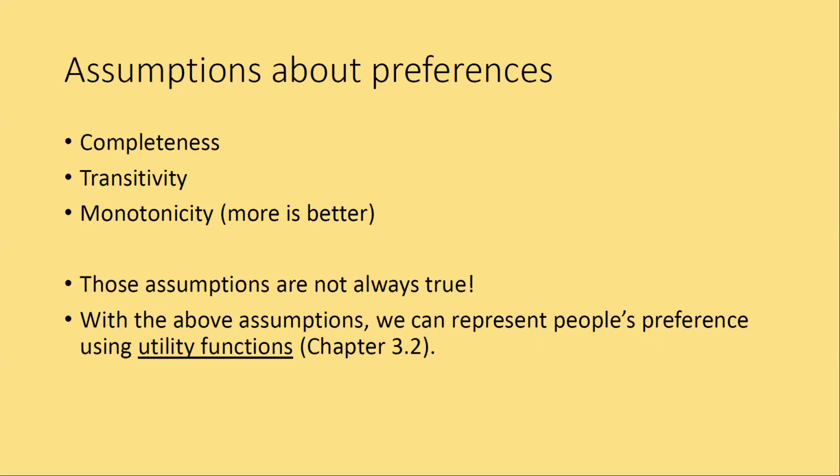But with those assumptions, it makes our analysis much more tractable in the sense that we can represent people's preference using utility functions, which is what we are going to learn in chapter 3.2. And also, those assumptions are in most cases reasonable, and we expect that the behavior of a rational consumer's preference will satisfy those three assumptions.